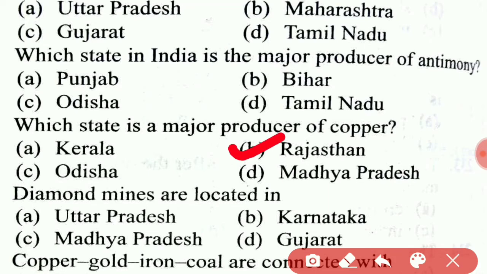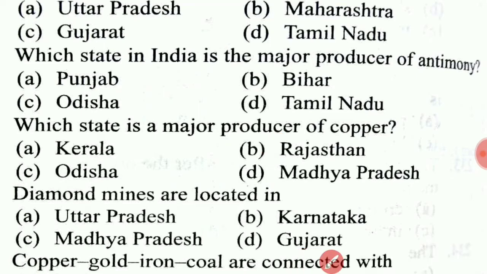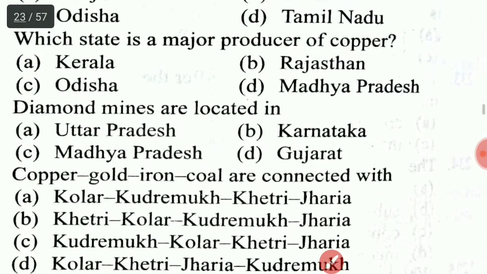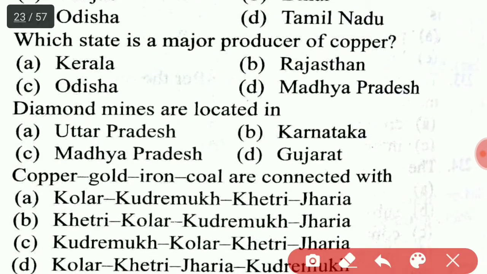That is option B, Rajasthan. Next, diamond mines are located in, right option is option C, Madhya Pradesh.